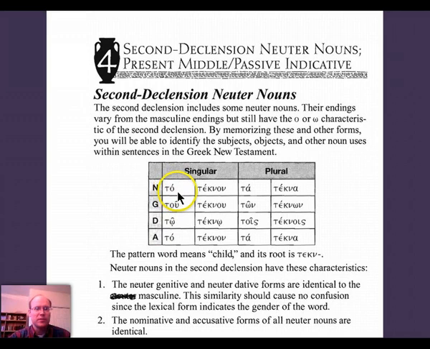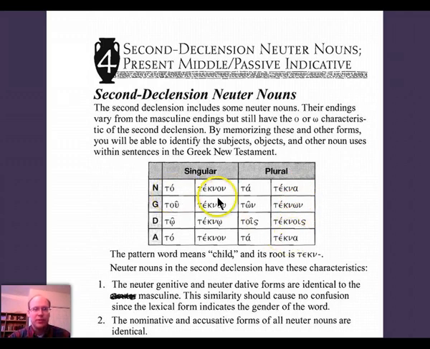Then comes the article, and then the noun itself. The endings of the noun are -on, -ou, -ō, -on, -a, -ōn, -ois, -a.